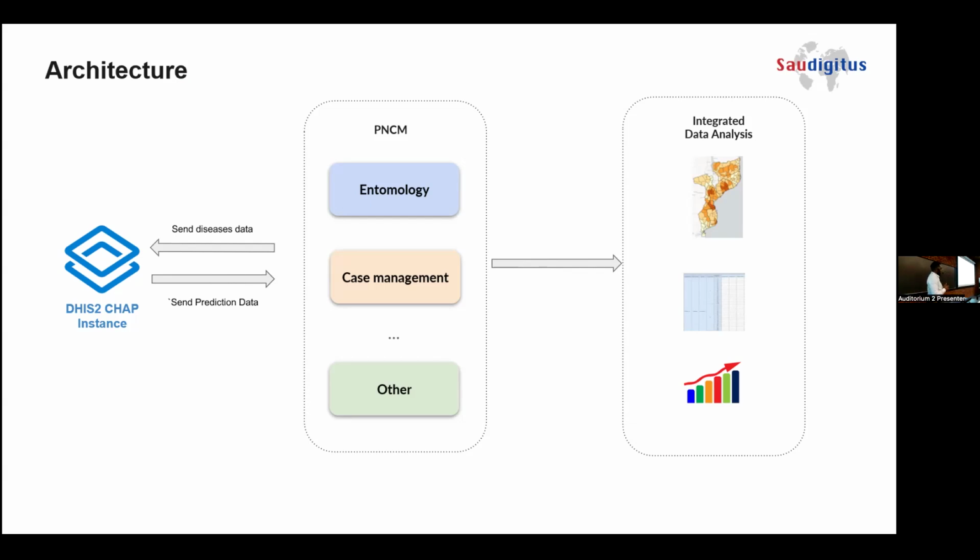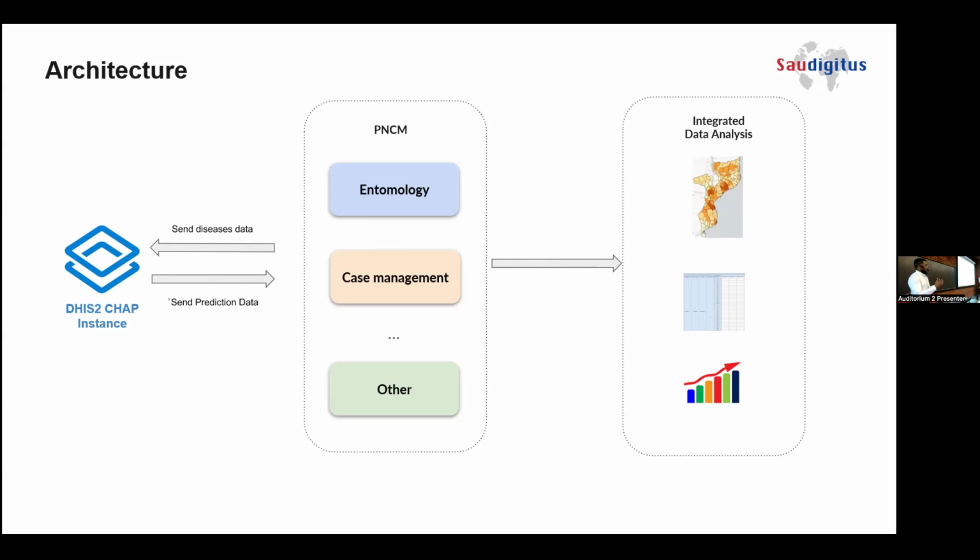For entomology, there are some data collection tools which we are working with them to configure in the DHIS2, and the data that they collect in Excel sheets is also going to be imported, so that maybe we can try to do some correlation analysis, and some other analysis combining the climate data and the mosquito data.